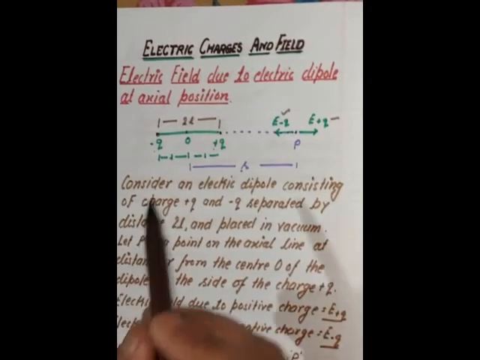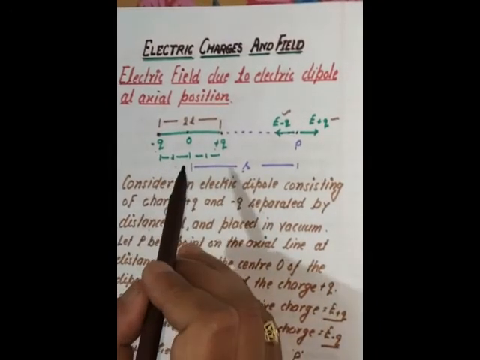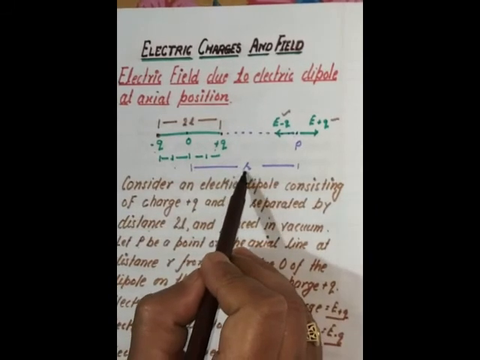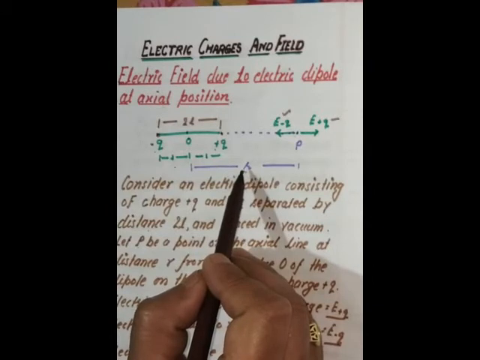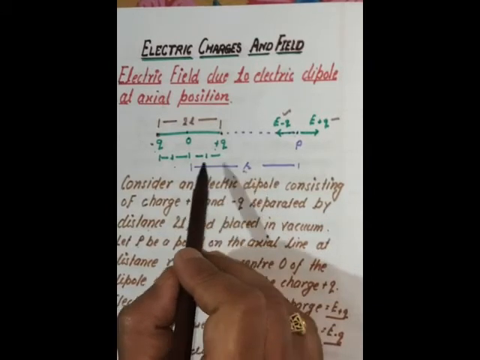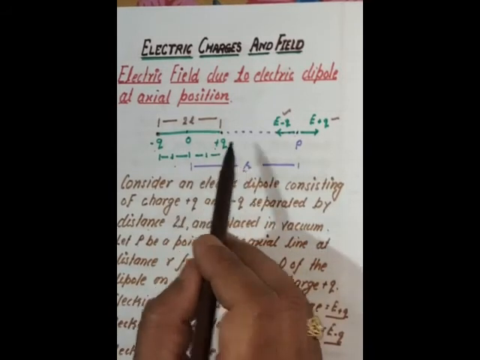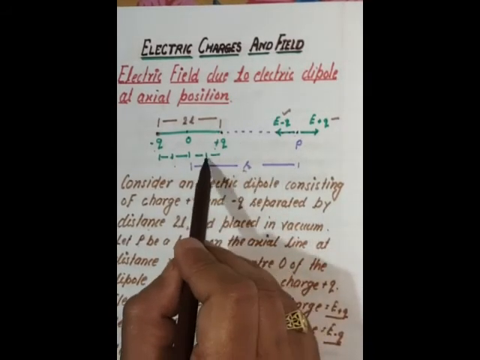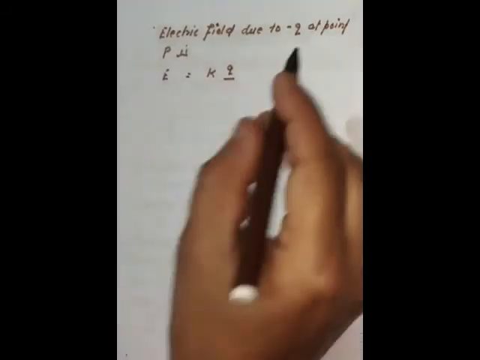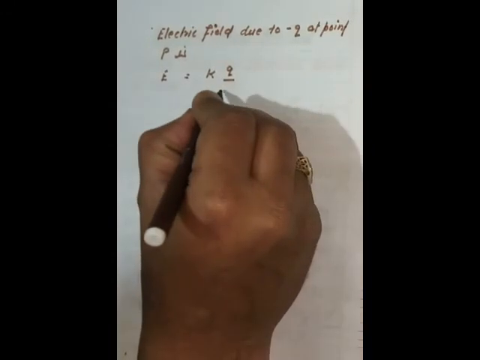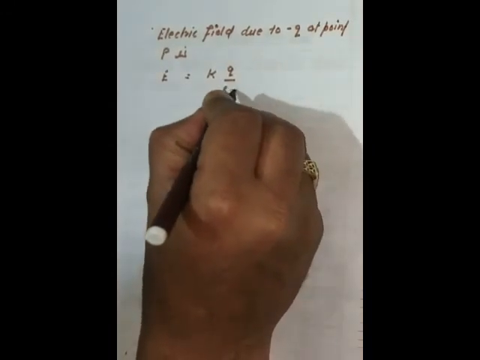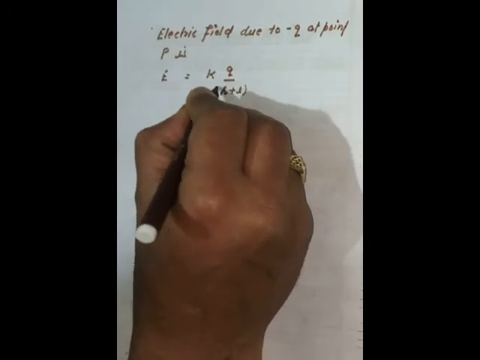For negative charge, this length plus this R, so here the distance should be R plus L. For positive charge, it became R minus L. R plus L whole square.